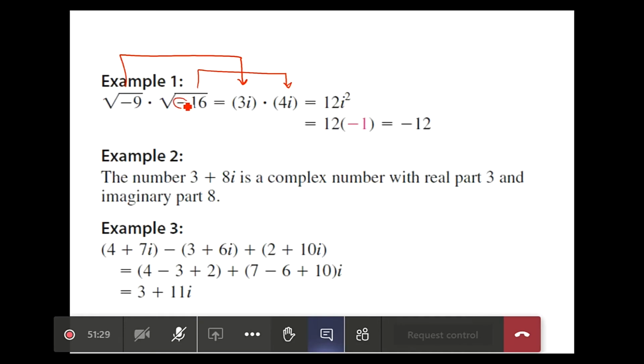Remove the negative, put i, and radical 16 equals 4. So we have 4i. Now we multiply 3 times 4, 12, and i times i, which is i square. What's the value of i square? Negative 1. Yes. 12 multiplied by negative 1, so we have negative 12, the final answer. Okay.